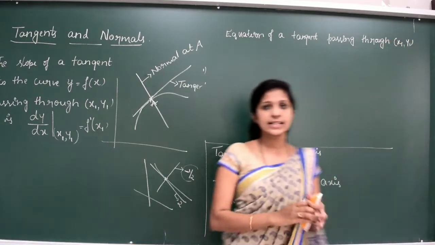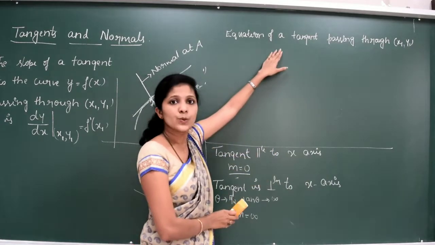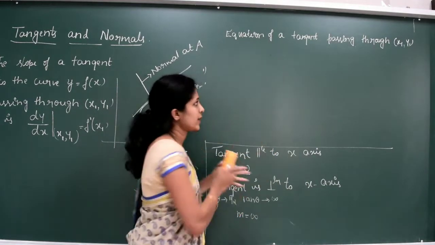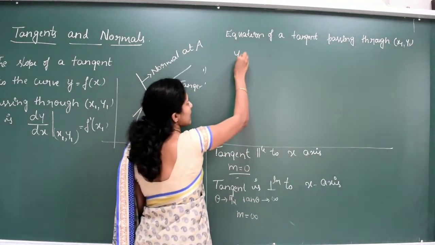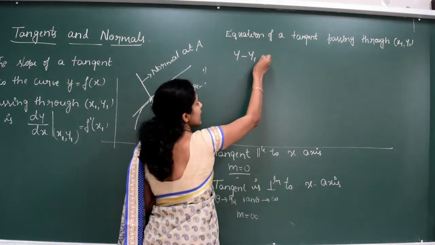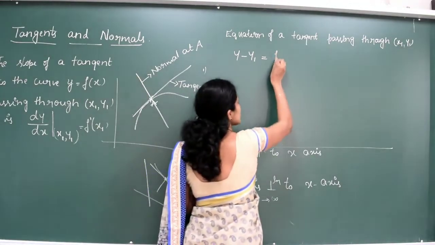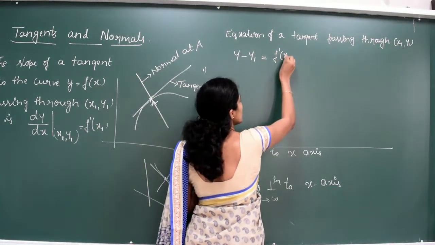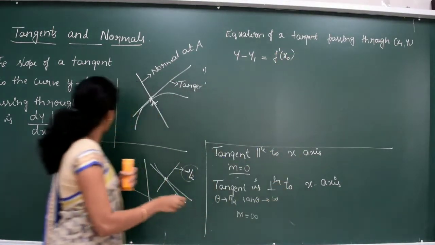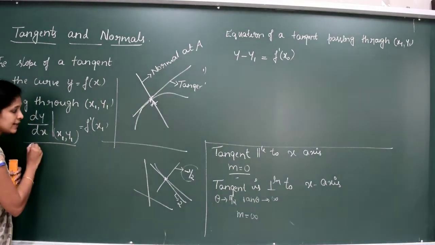This is a tangent to the curve y is equal to f of x. It is given by y minus y1 is equal to m, where m is f dash of x0. Is it clear? The slope will be f dash of x0, or we can write dy by dx.